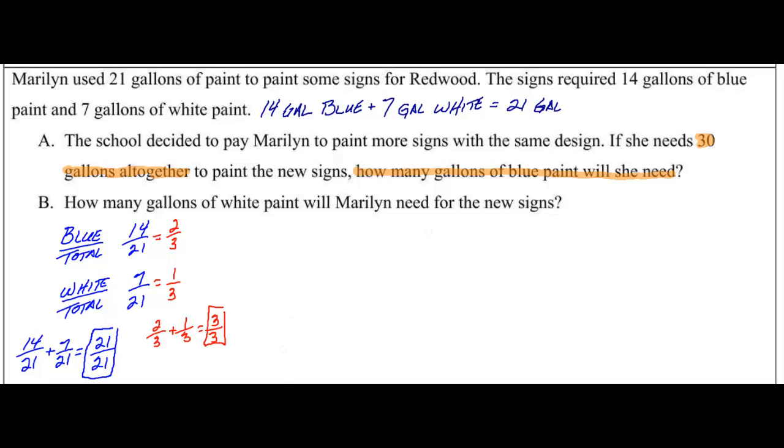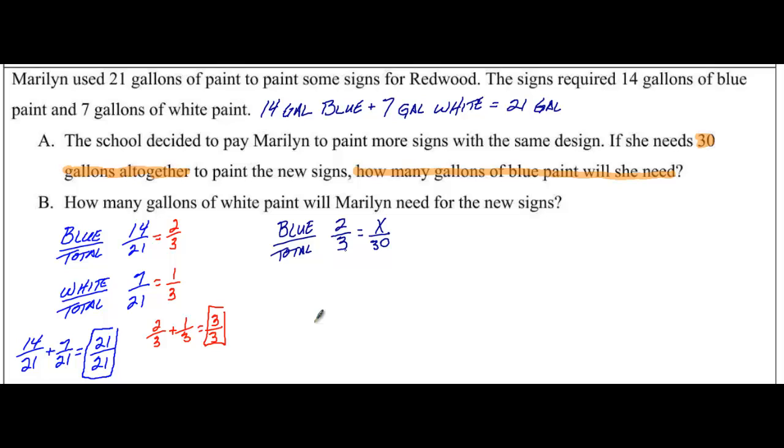So we need to take the ratio that we just had for the blue to the total. Our simplified ratio was 2 to 3. You could use 14 to 21 if you want to do that. I think it makes it more difficult, but that's up to you. 2 to 3. We have some unknown number of blue paint. How many gallons of blue paint? So the X is where the blue paint is, and the new total is 30 gallons.